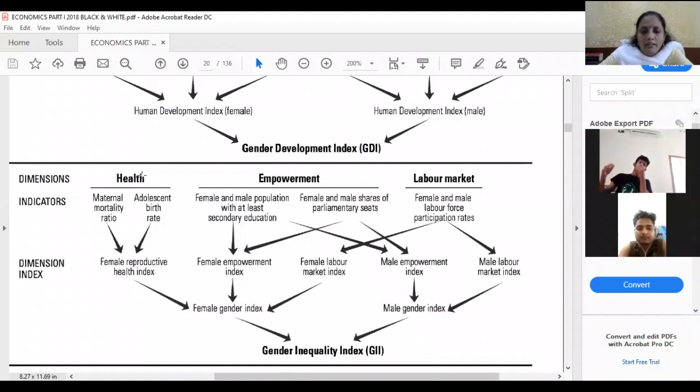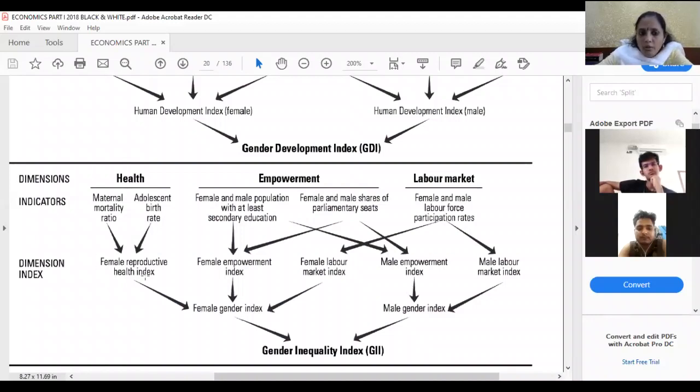When you look at health, so far you have been mentioning life expectancy at birth as the major indicator to represent betterment in health. But right now, there are two indicators under health. One is the maternal mortality ratio. Another one is the adolescent birth rate, or the fertility rate. Both these indicators are specific to women.